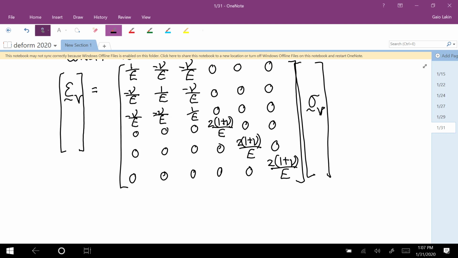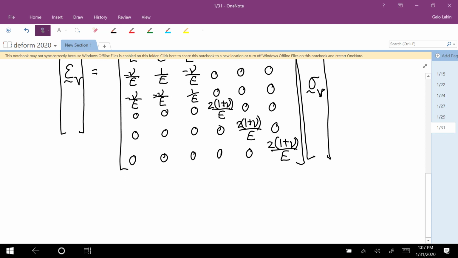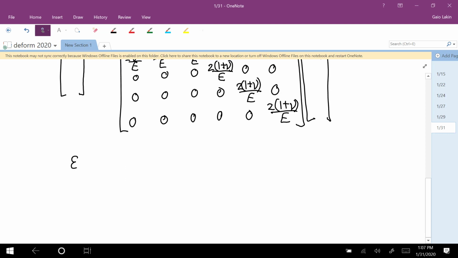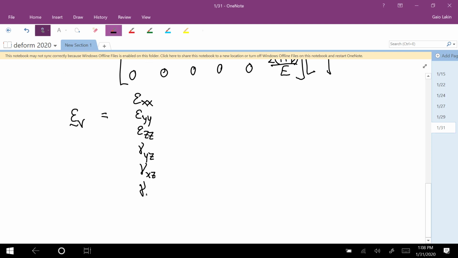If you multiply this out, remember that the Voigt strain is epsilon XX, YY, ZZ, and then the shear strains are represented with that gamma, and we have YZ, XZ, and XY.